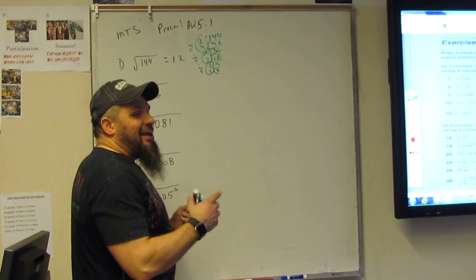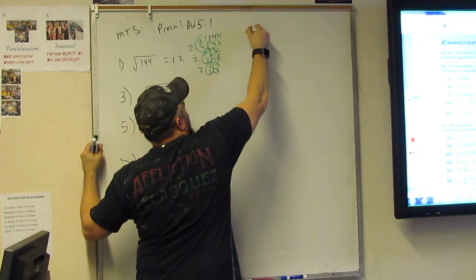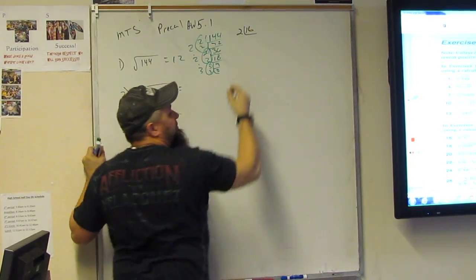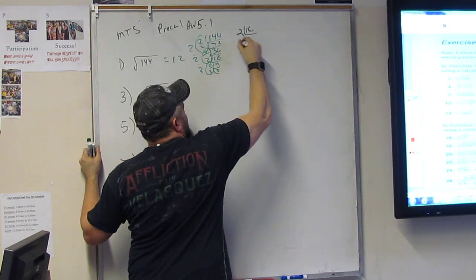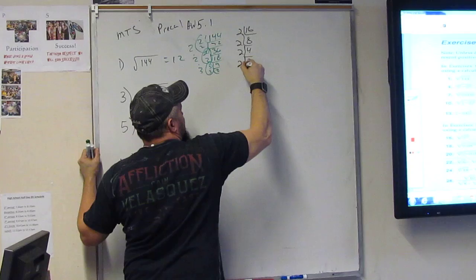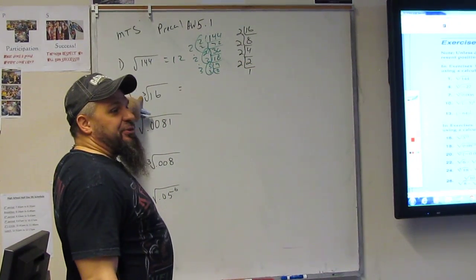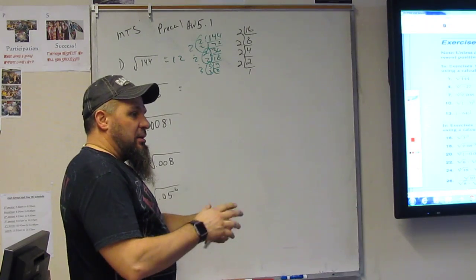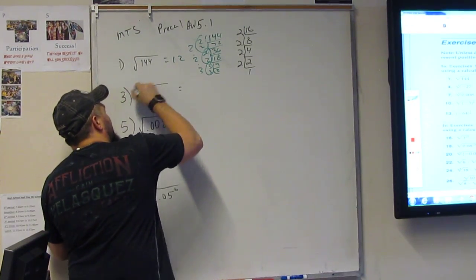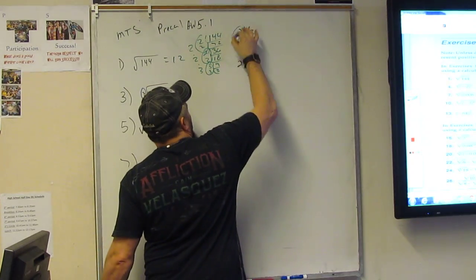So on 16, the way I would do it is I would take 16 and break it down. 2 is 8, 2 is 4, 2 is 2, and 2 is 1. And it says groups of 3. So right here it's telling me to grab groups of 3, so I'm going to grab triplets.